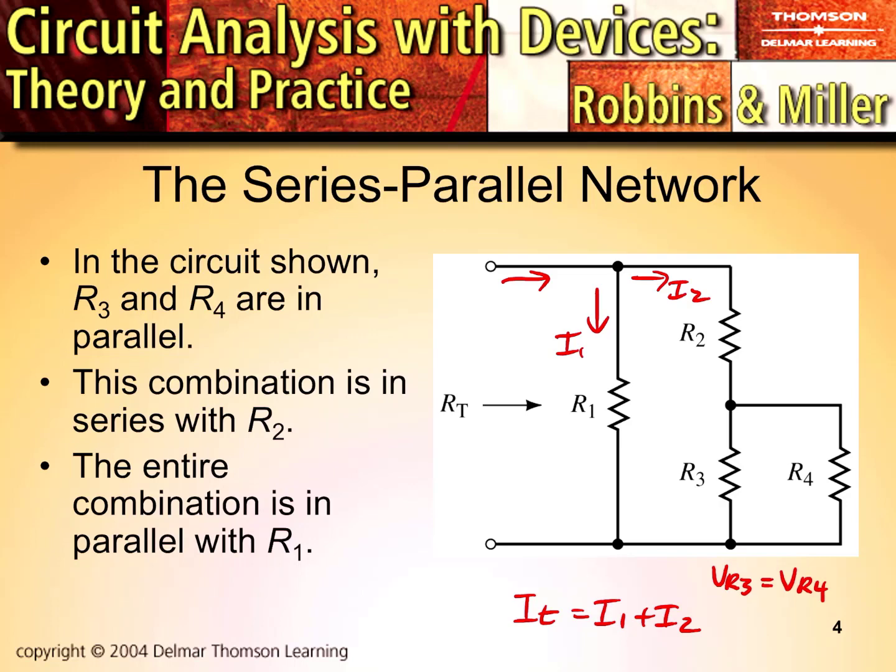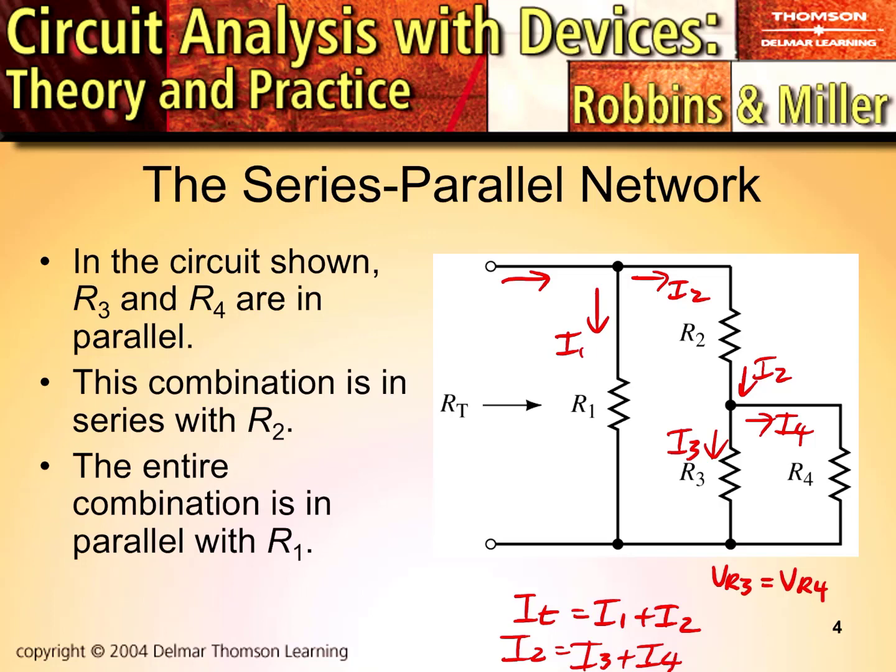We can further say that the current division here, being called I2, we'll call this I3 and I4. I2 is equal to I3 plus I4. This is really the basis to understanding how we're going to analyze this circuit and calculate unknown values.